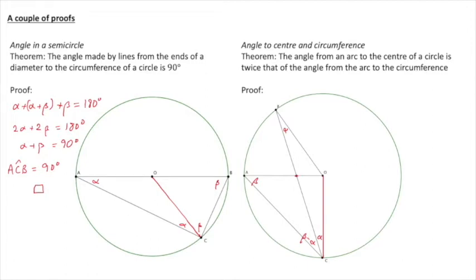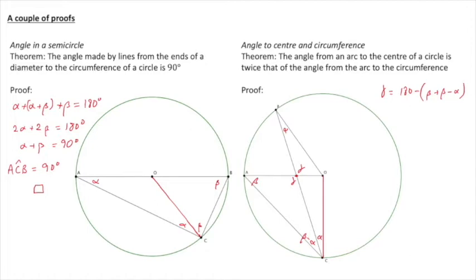Okay, we're next going to think about that point there, and we're going to use opposite angles, and we're going to call those gamma because they must be the same. And now we've got all the angles on the diagram that we need. Now we want to find out what gamma is because that's going to be helpful to us.